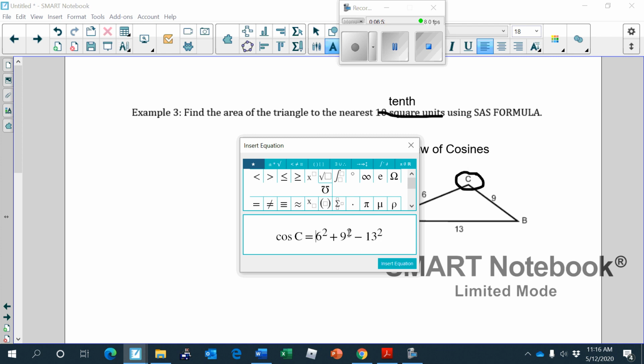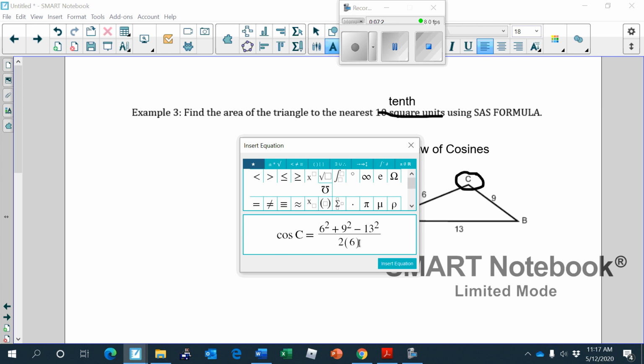Oh, I did this wrong. It's going to be a fraction, so I have to make my fraction first. So we have 6 squared plus 9 squared minus 13 squared, all over the denominator, 2 times 6 times 9.